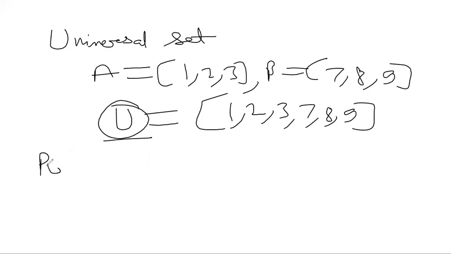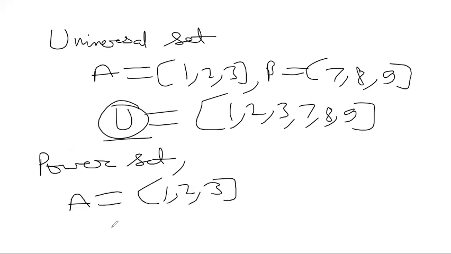Now, power set. The power set is the set of all subsets of a set. I will write it below. Like, there is a set A equal to {1, 2, 3}. Then what are the subsets?